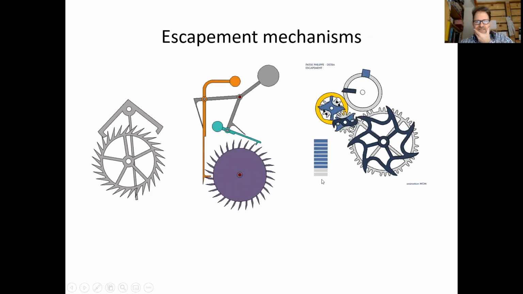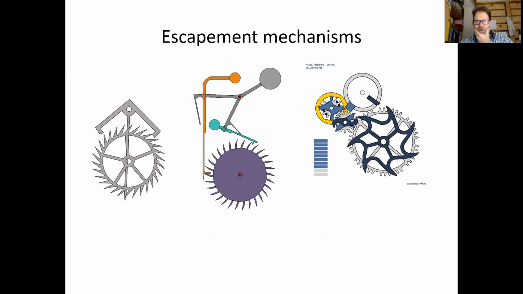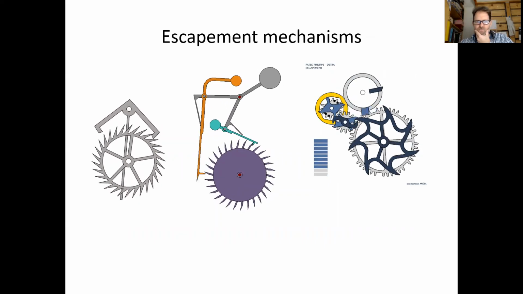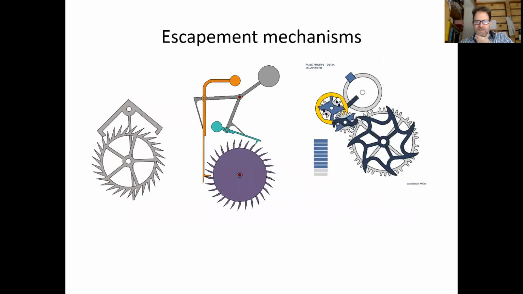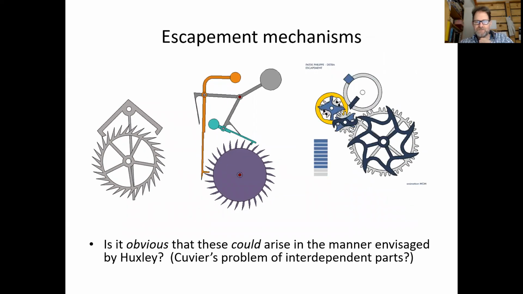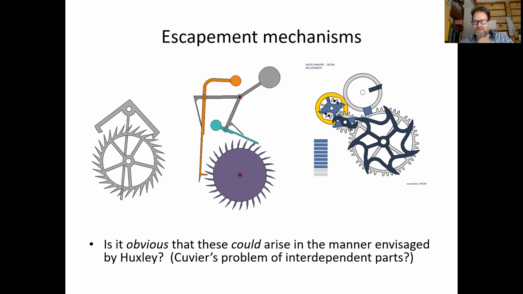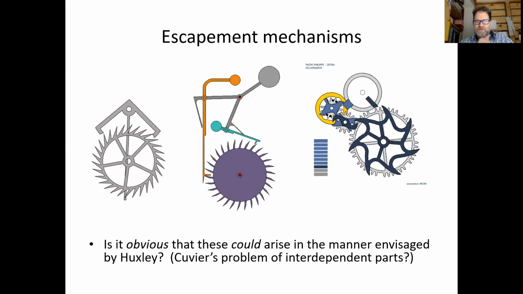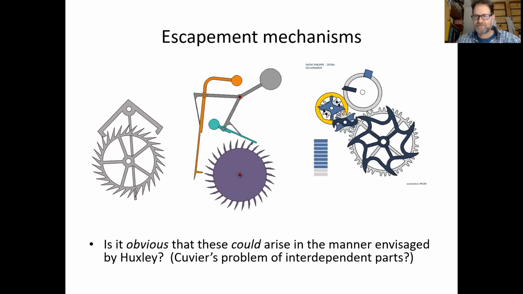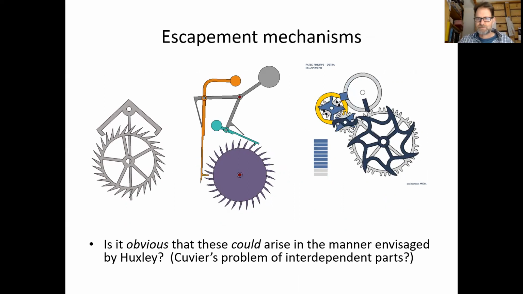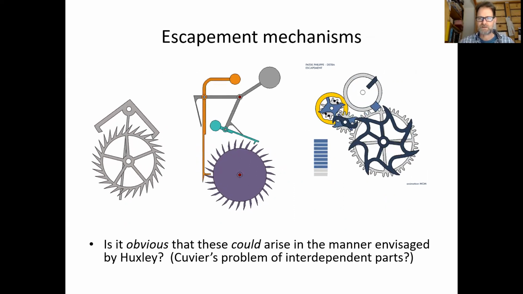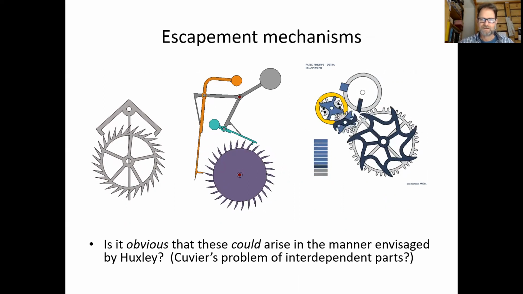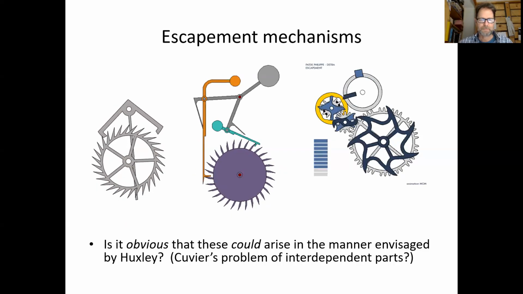Now, if you actually look at how clocks and especially watches work, I don't know if it's obvious at all. This is one of my philosophical comments. You may gather that I'm a little skeptical of this explanation, as, if you remember, Polanyi was, and a bunch of physicists actually.